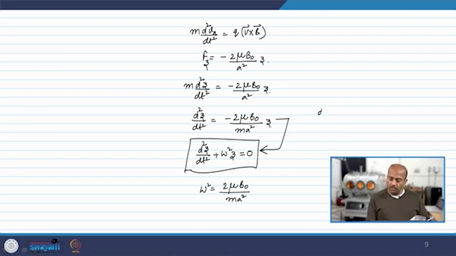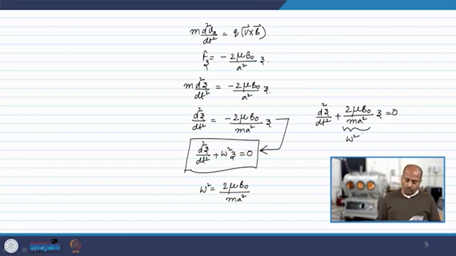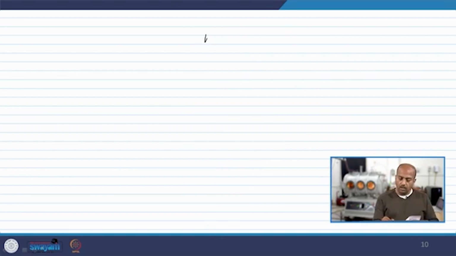I will write the full relation: d square z by dt square plus 2 mu B naught by m a square z is equal to 0. So this has to be omega square. Omega is angular frequency. So omega is 2 mu B naught by m a square, under a square root.